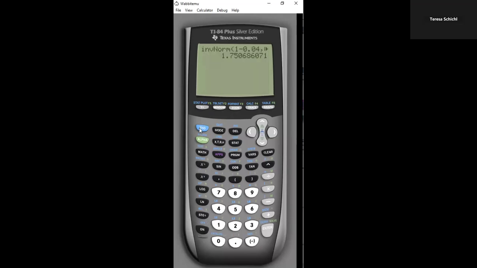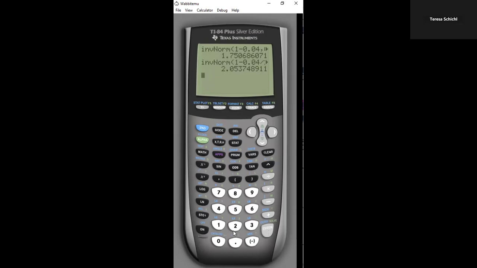So second, vars, then you go to inverse norm, right? Then instead of 1 minus 0.04, you say 1 minus 0.04 divided by 2. See here, it's 1 minus 0.02, so it's 0.98. You do the same thing. Now what do you have here? You will get 2.05.